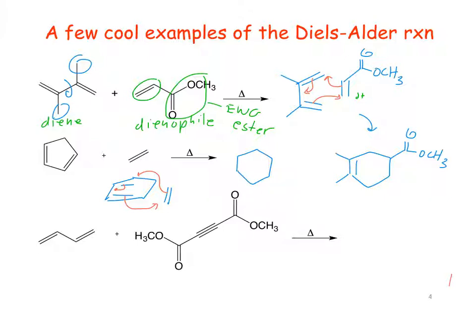We're going to get this, and we're going to have this group bridging across. This is called a bicyclic ring system. We have two rings together. Another way to draw this, which is kind of hard to do if you haven't practiced, is to have it like this.